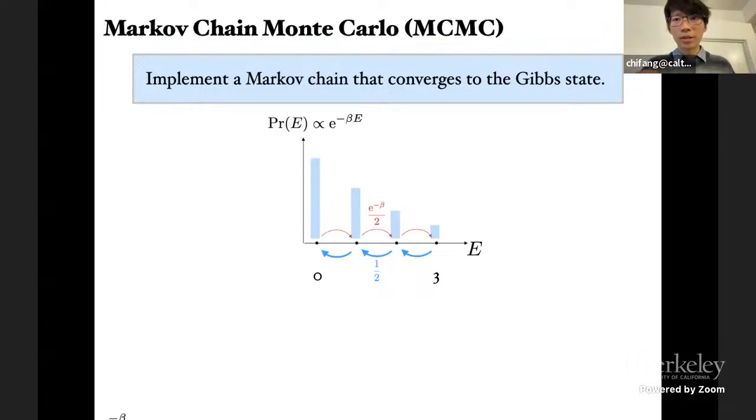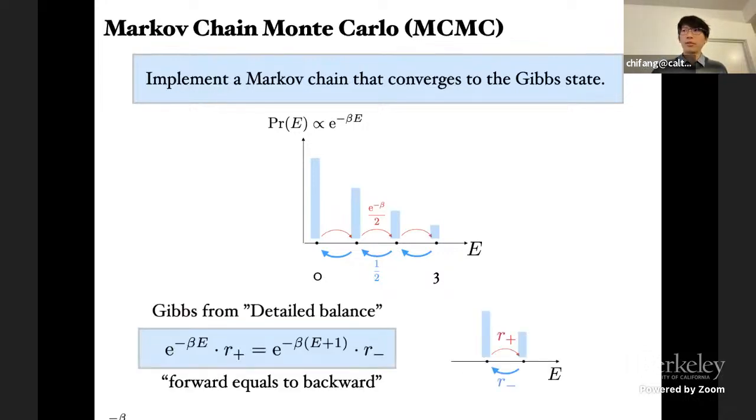You can calculate that the Gibbs state is going to be some exponentially decaying function with most of its weight at the lowest energy, which is 0. So you can convince yourself that if you want this Markov chain to go to 0, then these arrows should have a stronger bias toward the lower energy states. However, more precisely, if you want the stationary distribution to be the Gibbs state, then you have to choose this transition weight a little more carefully.